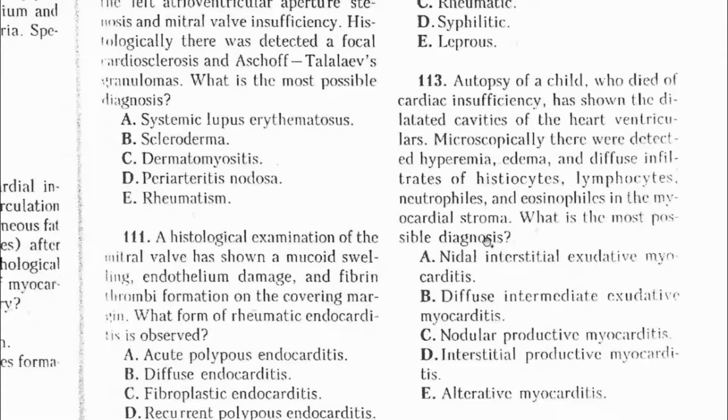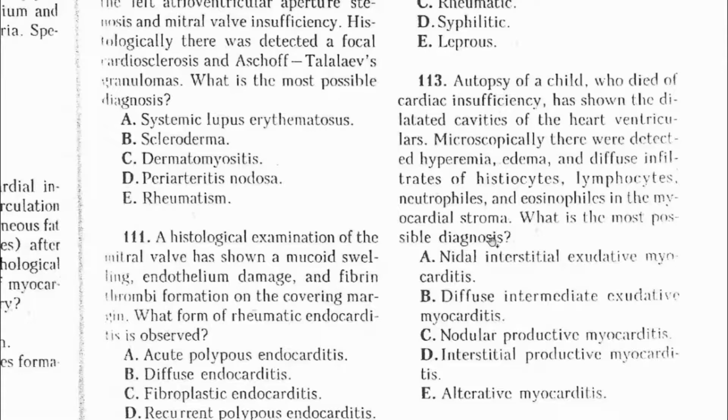Now, this can be diagnosed as rheumatic myocarditis because it affects the myocardial stroma. However, it is characterized by the presence of Ascoff bodies or granulomatosis, myocarditis. We have diffuse or local lymphohistiocytic infiltration or vasculitis.